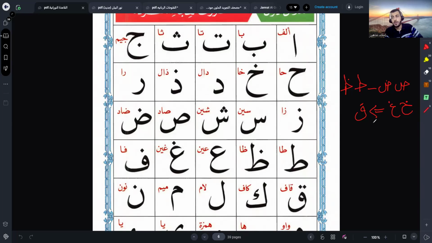So why we say heavy letters? Because of the difference between Sod and Sin, for example. The first one, Sod. We said, if you remember, Sod is one of the Asali letters and it got the same point as Sin. So Sod and Sin got the same way of pronunciation. One of the ways to differentiate between them, or maybe it's just the main way, is the quality of the letters.